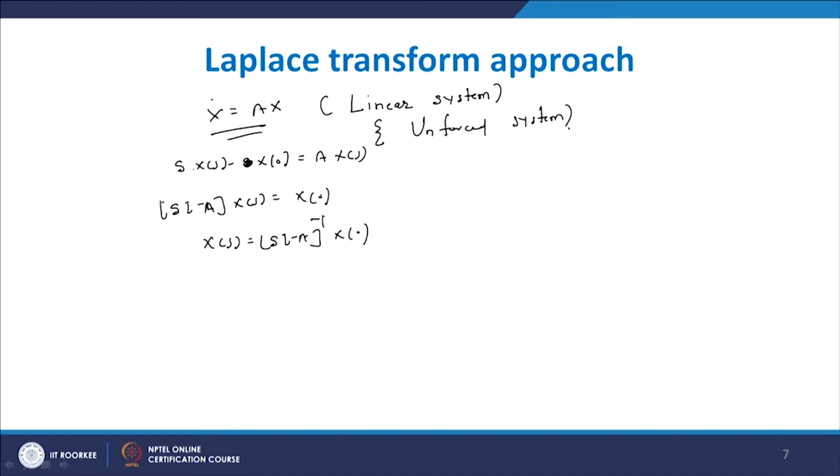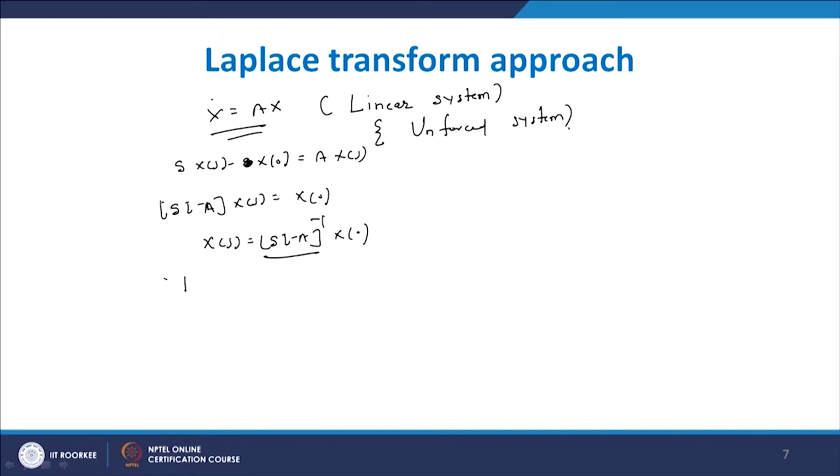So, we have replaced it with an identity matrix because we have to consider it with A. So, (sI minus A) into X of s equal to x of 0. Now, this (sI minus A) we have taken to the right hand side. So, X of s is (sI minus A) inverse into x of 0. Now, we have to take the inverse Laplace transform.